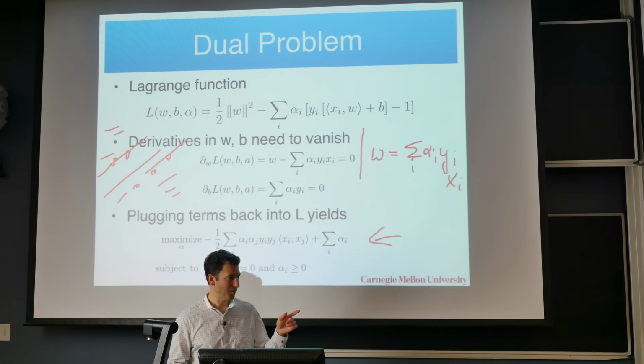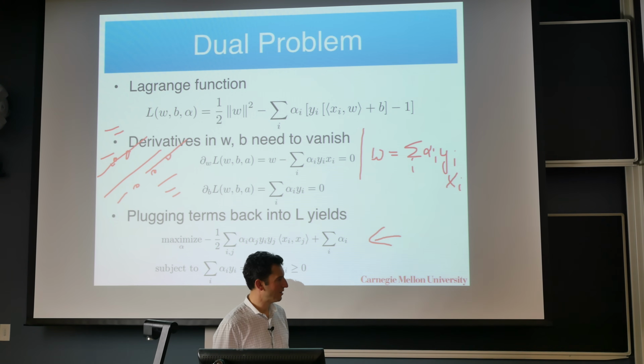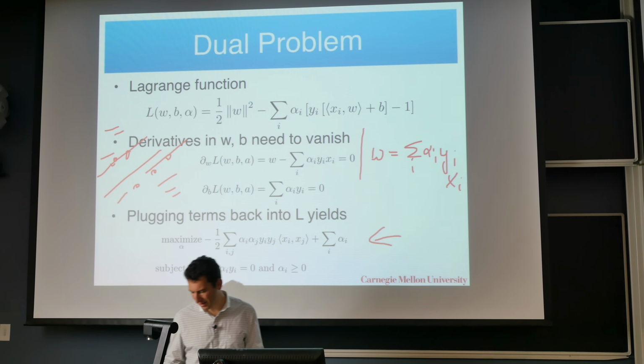Right? Yep. How do the two middle equations relate to the earlier Lagrange equations? Is it because W and B and alpha are not dependent upon each other that you get a 0? No. W is still given by exactly that expression here, right?